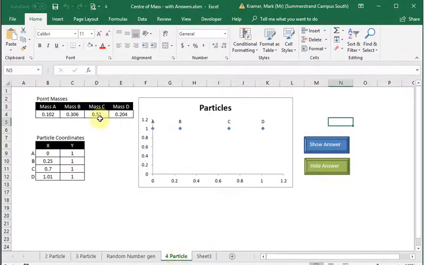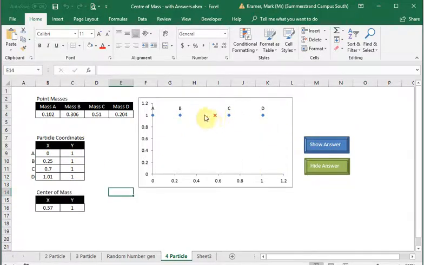Right, and same thing with a 4-particle system. Here we have ones with vastly different masses, some being 5 times heavier than others. They're all at the same height, so essentially this is like a horizontal rod with different mass distributions. The question is, where's the center of mass going to be? And again, you will see where that is.